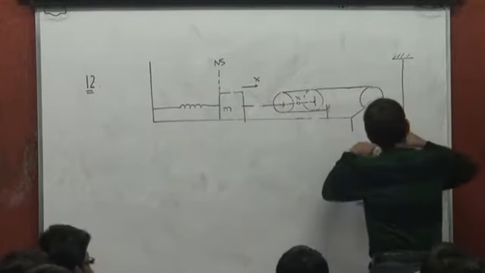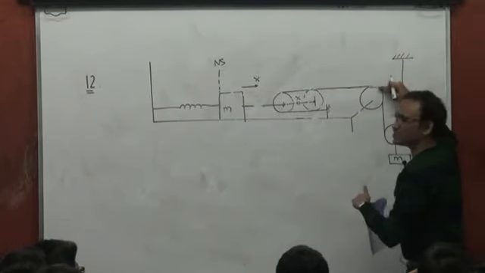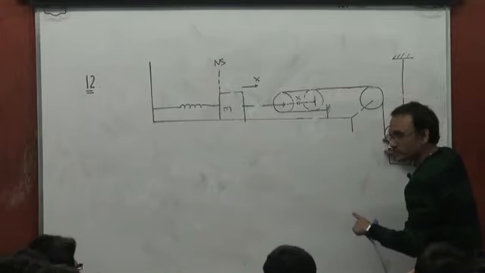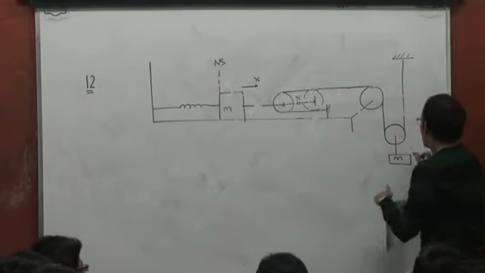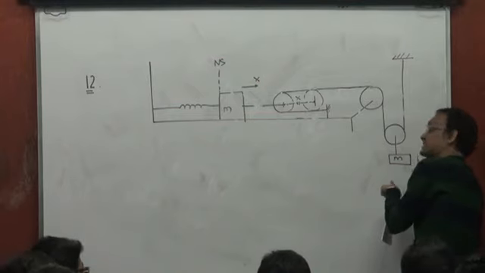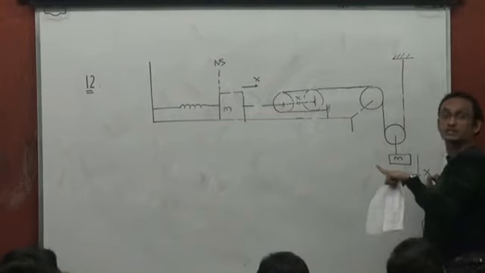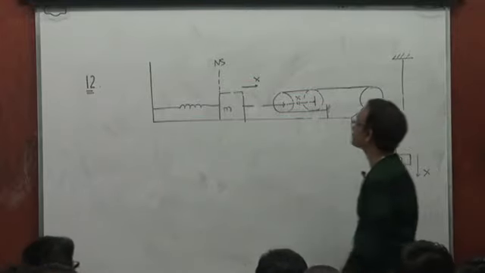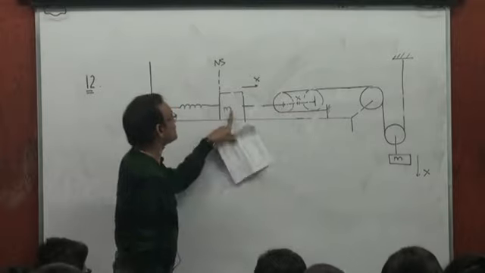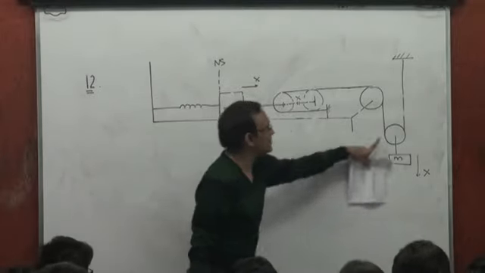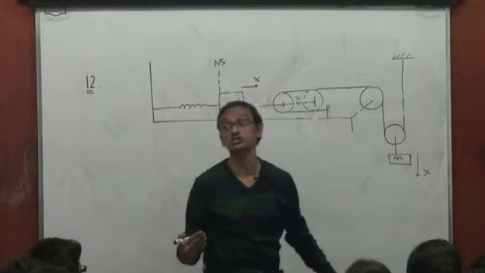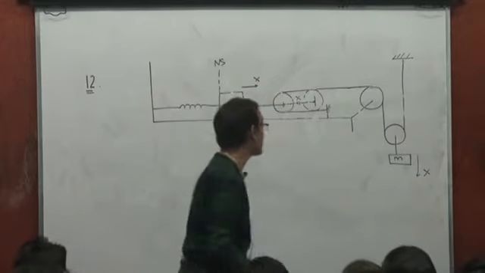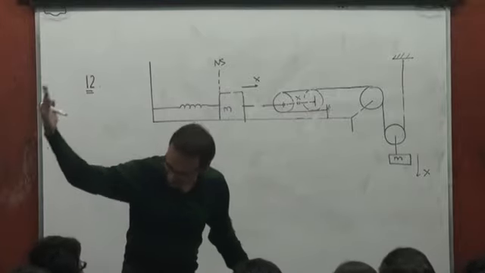Those 2x units will appear along this, equally distributed on either side, x units this side and x units this side. That means it's going to result in the mass m descending by an amount x, yes or no. Which means the amount this has got displaced is the amount that this has got displaced. That means at a given instant they must have the same velocity v, because they are getting equally displaced in equal intervals of time.